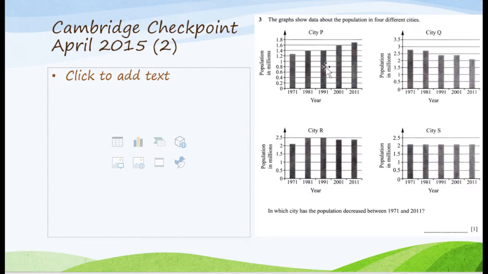Now, before we go through all the charts here, I just want to tell you that on chart questions, the first thing you need to do before you try to answer the question is to try to understand what kind of information is given by the chart.